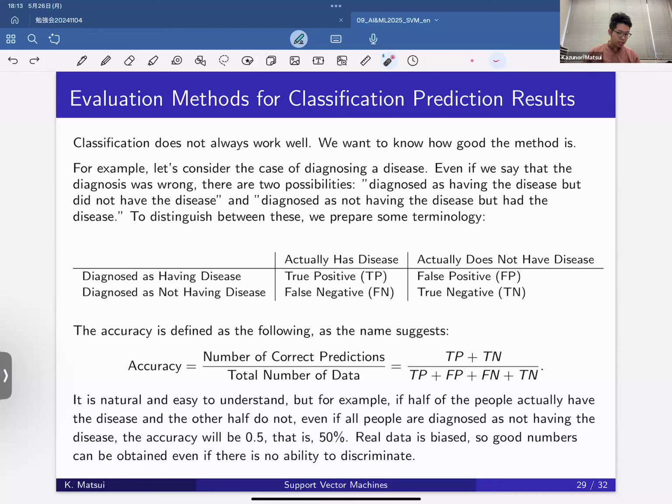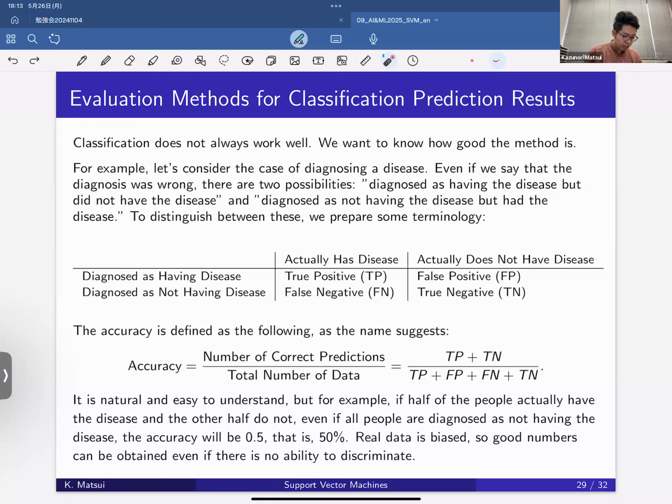Even if we say the diagnosis was wrong, there were two cases: diagnosed as having the disease but didn't have the disease, and diagnosed as not having the disease but had the disease.